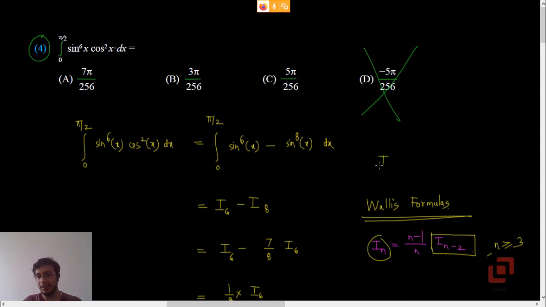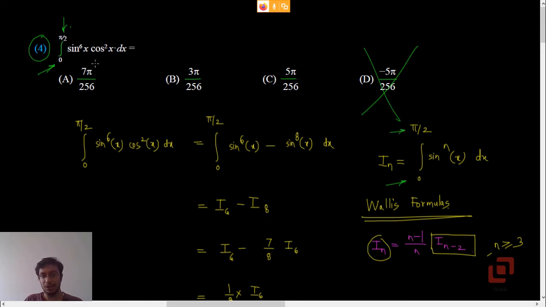Now what is In? In is the integral 0 to pi by 2 of sin x raised to n or cos x raised to n. Did you see that in the integral the lower limit is 0 and the upper limit is pi by 2? Yes, same thing here.